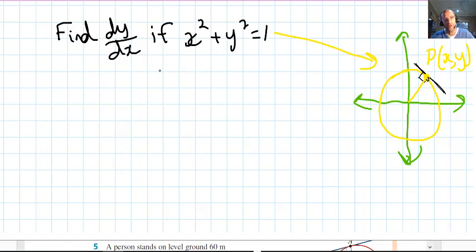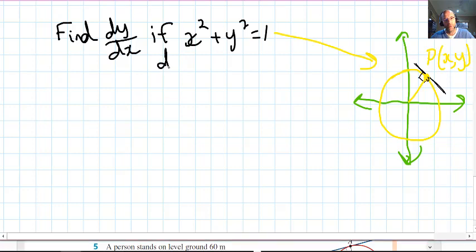So finding dy dx, we basically use the property of the sum of the derivatives equals the derivative of the sum, and do it to both sides according to the axiom.